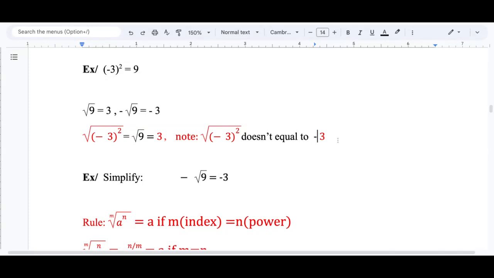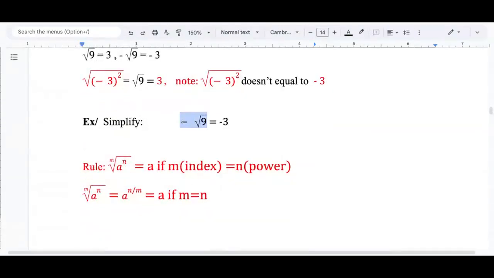Be very careful, because with the square root, it's different. With an even power and index, it changes things. But the negative square root of 9 is negative 3, right?